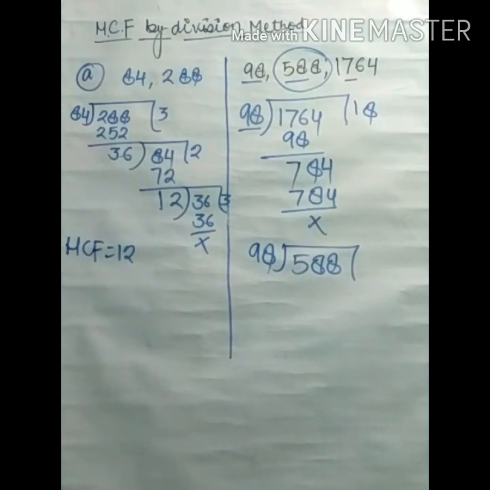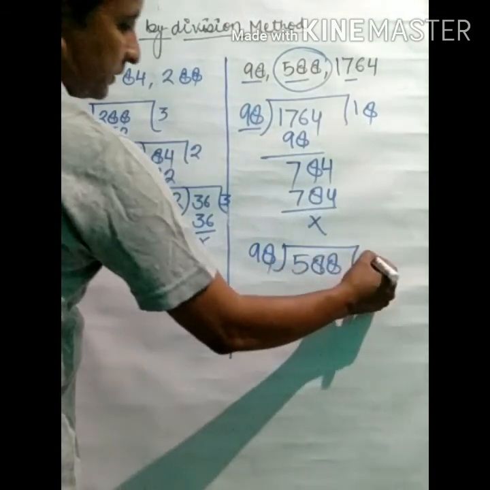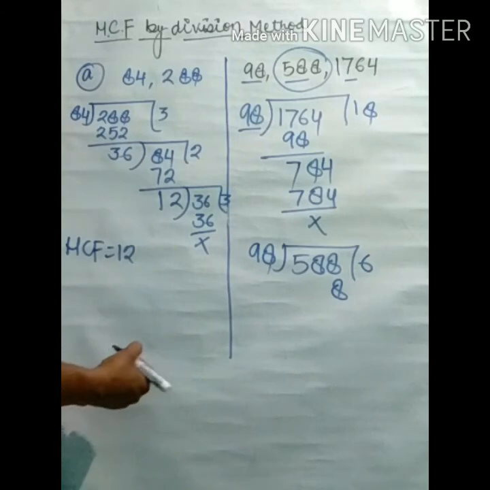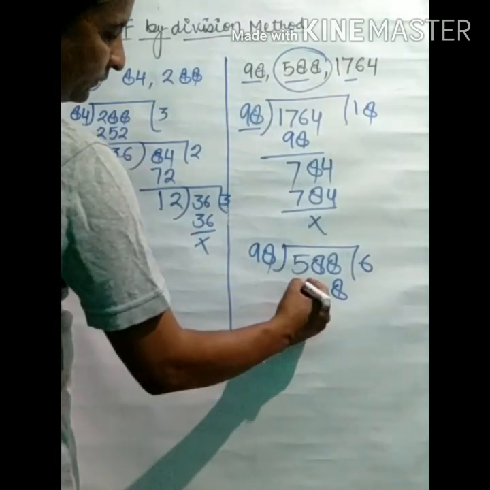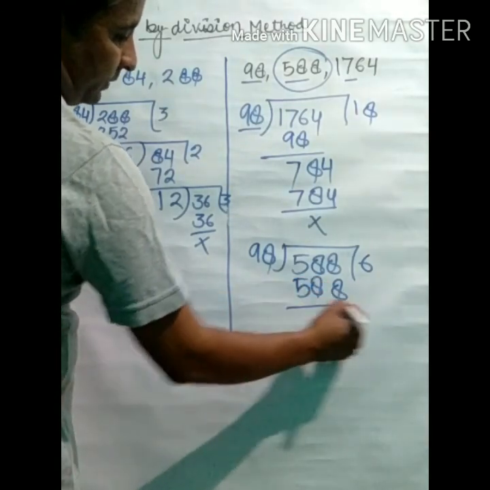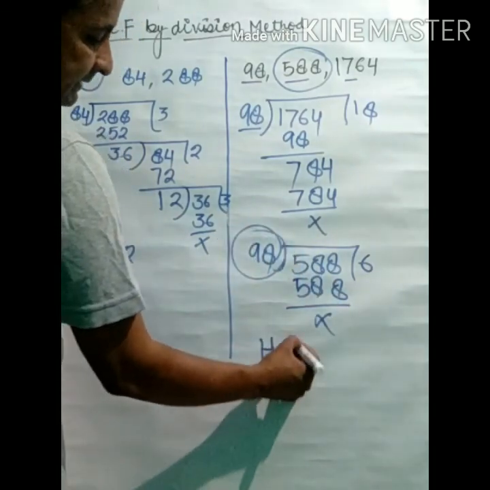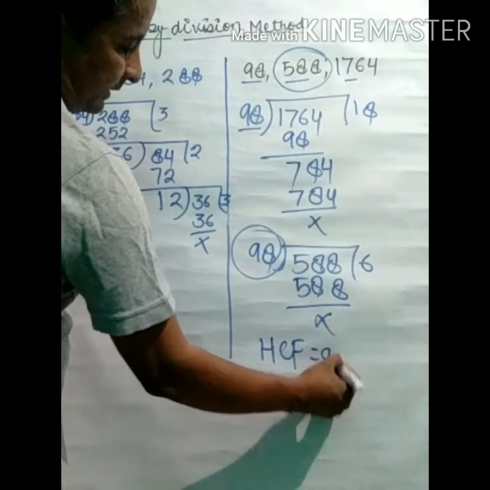We will see how many times it will go: 6 times. 6 8s are 48, 6 9s are 54 plus 4 is 58. Now you can see the division is complete by 98. So HCF is equal to 98.